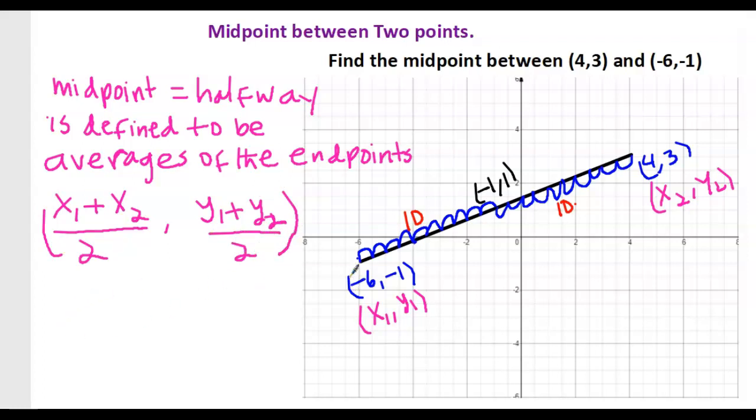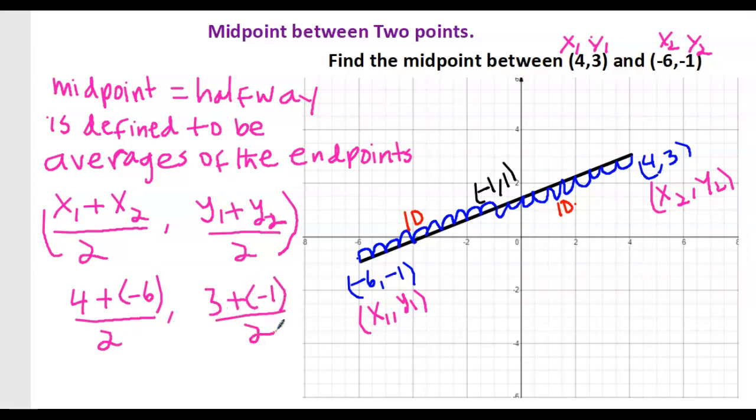So now let's use the points. This here is x1, this is y1, this is x2, and this is y2. We get (4 plus -6) all over 2, and (3 plus -1) all over 2.